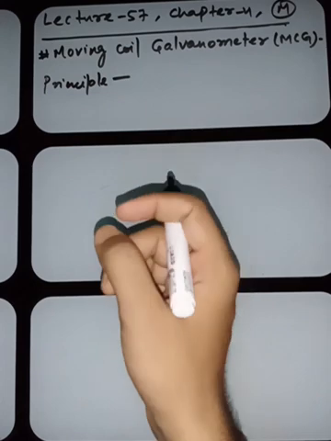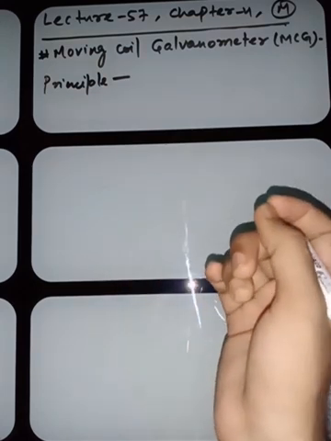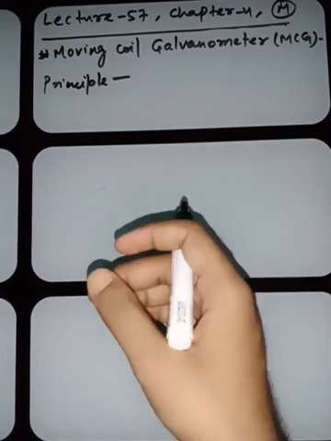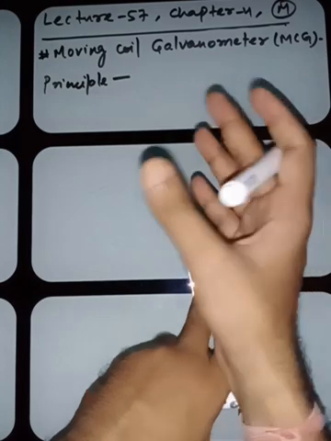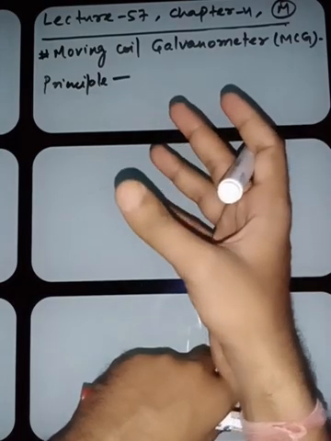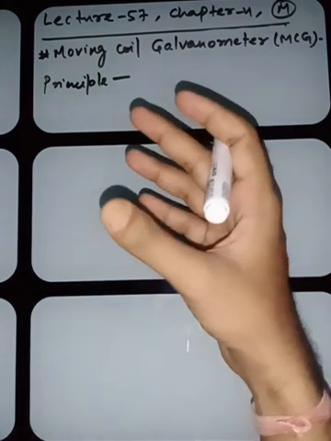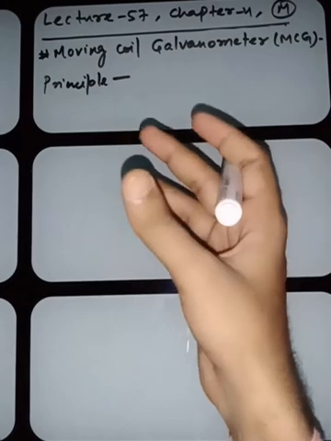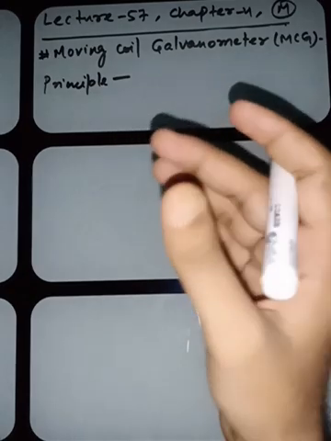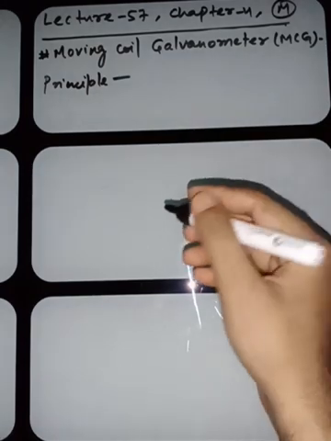All right, and this is the principle of the galvanometer. You know very well, if you place a current carrying coil inside a magnetic field, due to that magnetic field the current carrying coil experiences some force. And due to that force it starts moving, and due to the motion it experiences some torque.